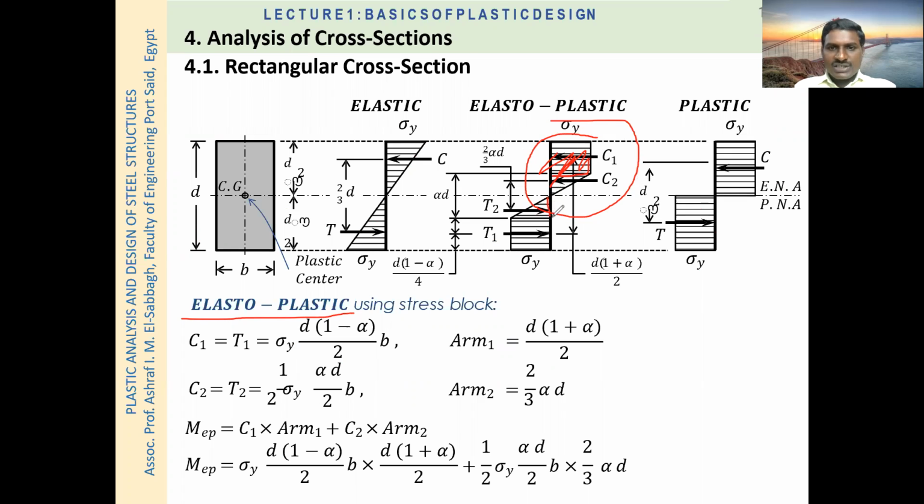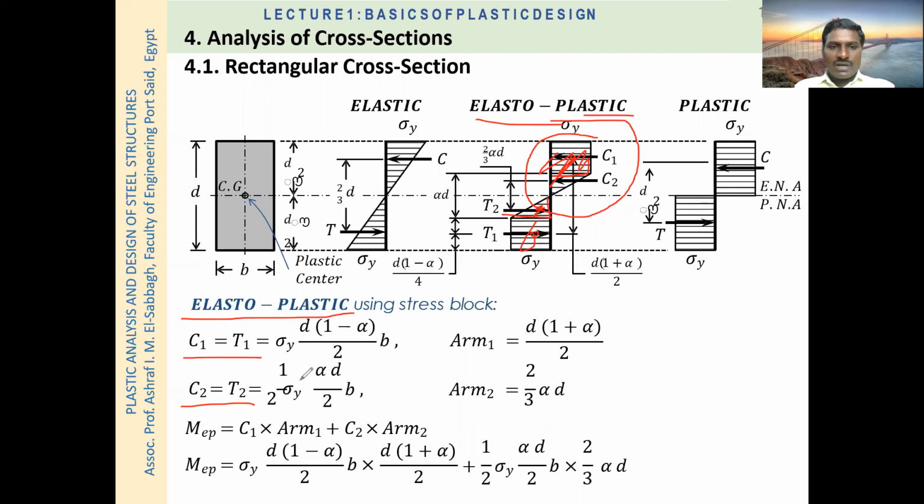Again here in the tension also, this is the elastic behavior, and this is the plastic behavior. So in elastoplastic, in some amount elastic behavior is there, in some area plastic behavior. So here C1, T1 and C2, T2: there are two compressive forces and two tensile forces.